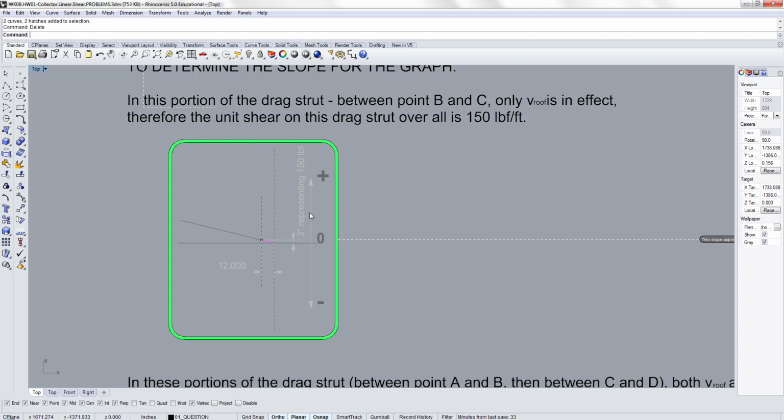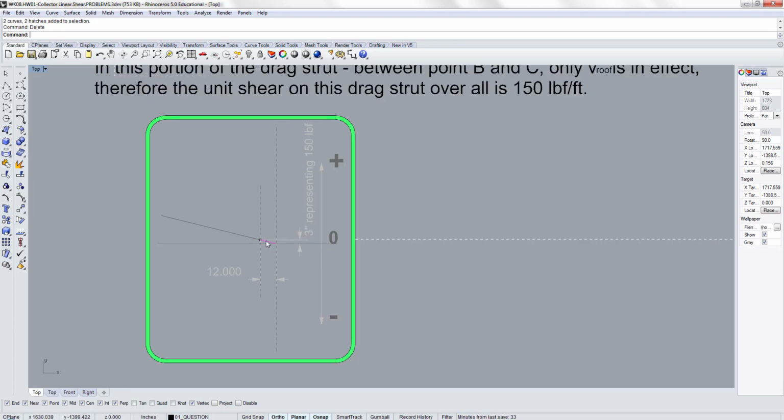But I arrived at, okay, if I draw 150 pounds as 3 inches, that's going to make my graph at a more or less reasonable scale. You can stick to that scale, or you can figure out what scale you want to use. Those are the only two criteria. One, it's easy to draw and read the diagram. Two, you have to be consistent throughout.